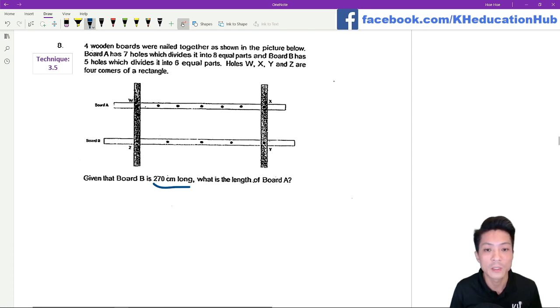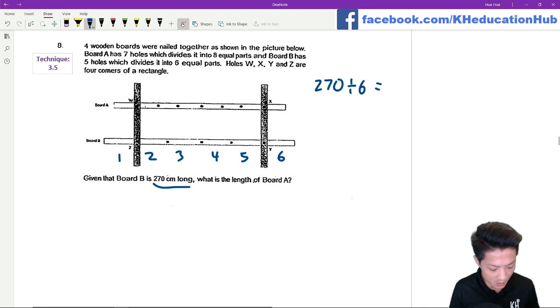So we look at board B. How many gaps are there? There's 1, 2, 3, 4, 5, 6 gaps. We need to find the length of one gap, which is 270 divided by 6. That's gonna give me 45 cm.